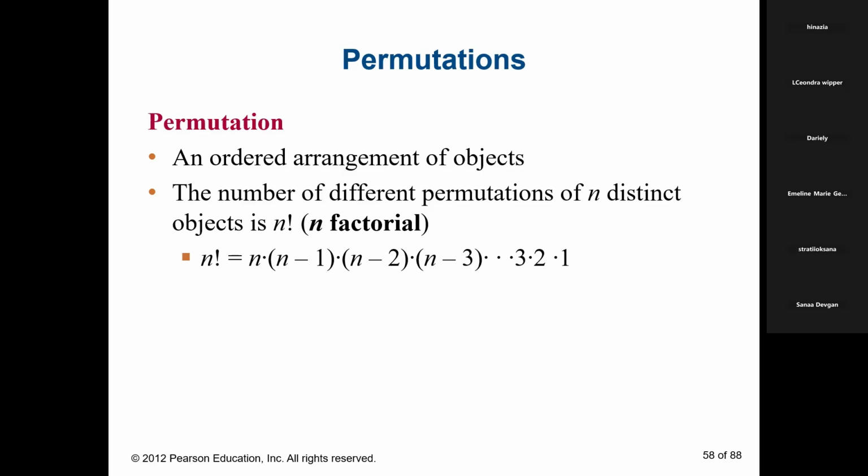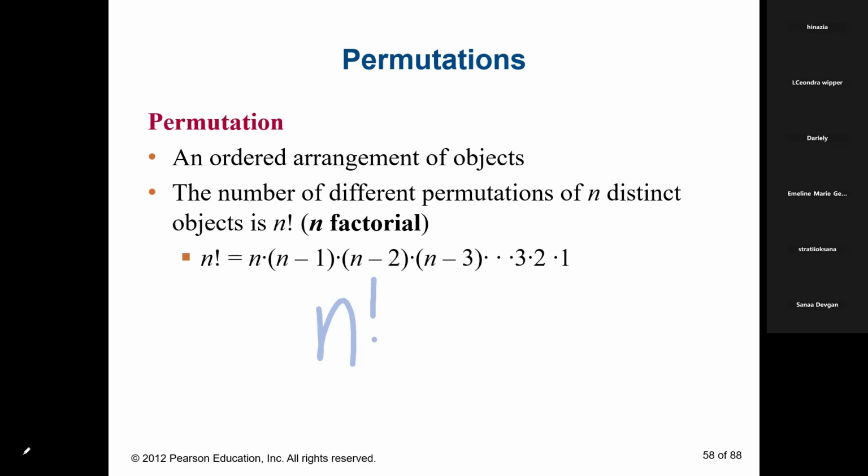This symbol is read n factorial. It's just a number. So n factorial equals n times n minus 1, times n minus 2, times n minus 3, and so on.